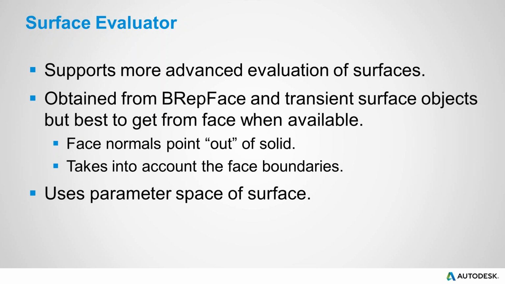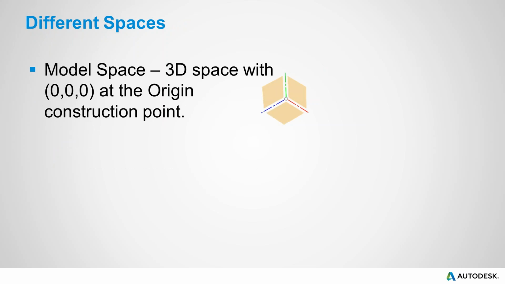This evaluator uses pretty heavily the parameter space of a surface, and I've been saying I'll talk about this more in the next one or two slides. But first, let's talk about the different spaces that you'll see in Fusion.